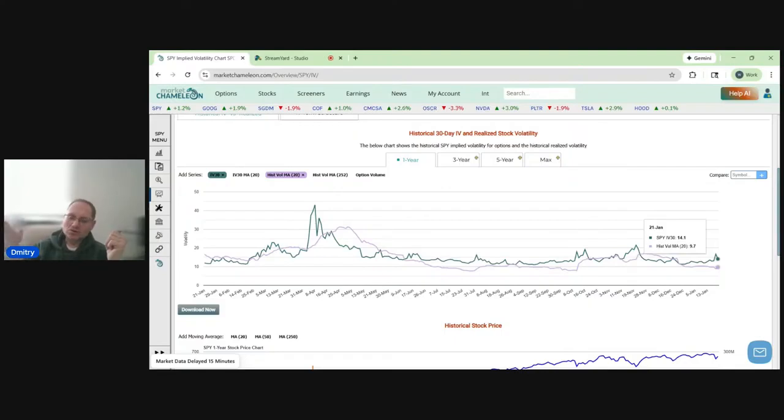Okay, so the markets right now are anticipating, yet we had a relatively low stock volatility based on this chart, but the implied vols are pricing in a higher volatility moving forward.